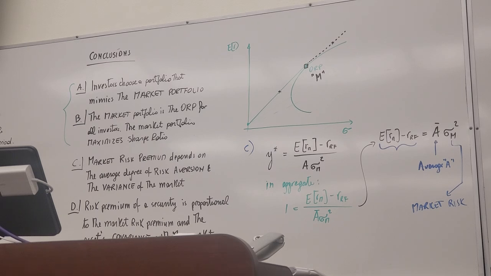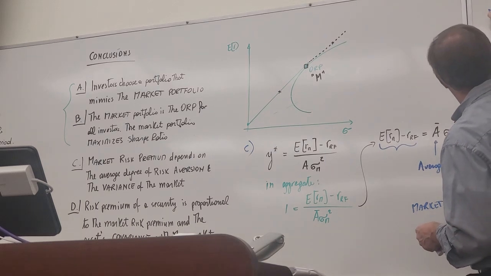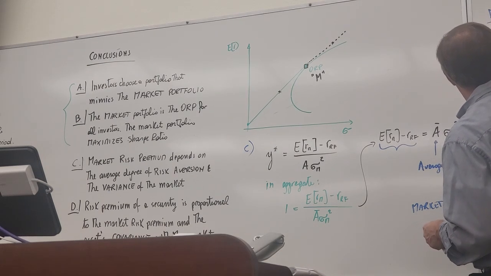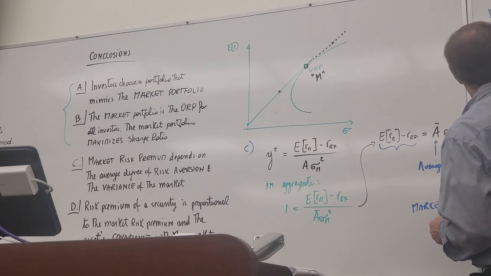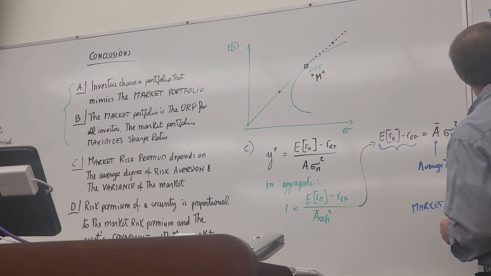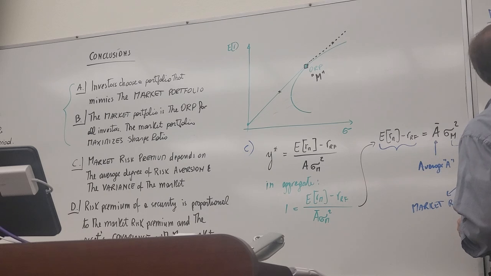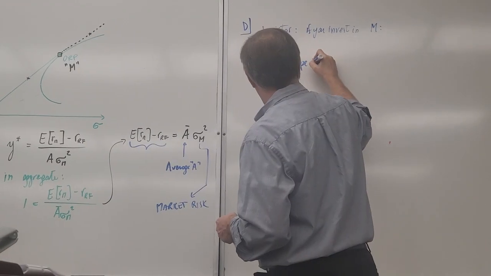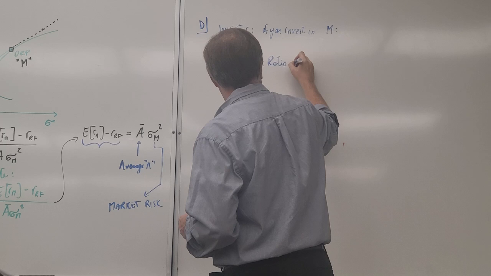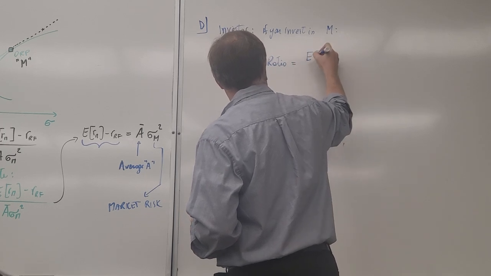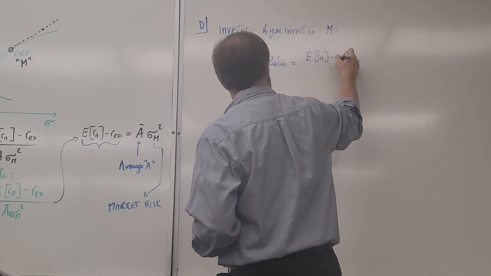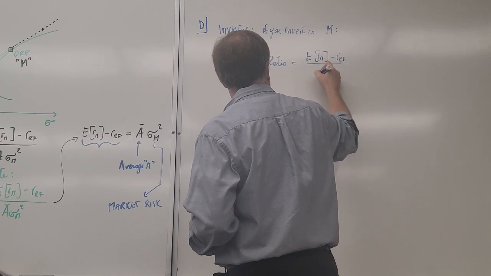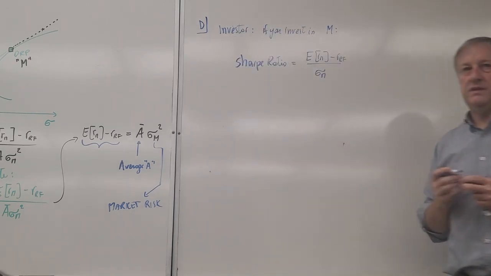So as an investor, if you invest in M, the reward to risk that you have, the Sharpe ratio that you're exposed to, is going to be E[R_M] minus RF divided by sigma M.